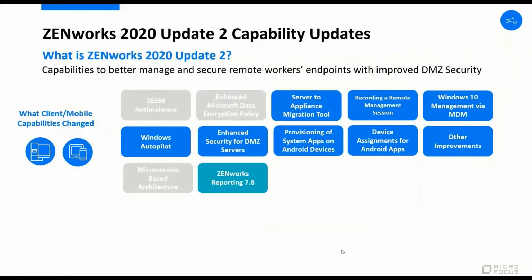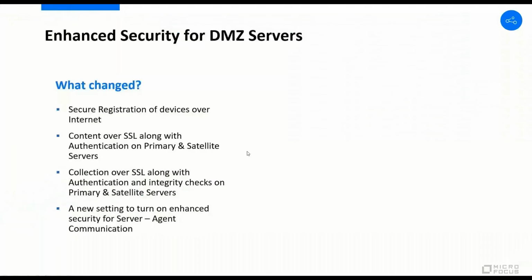So let's talk about this feature, which is enhanced security for the DMC servers. What has changed is that in this release, we are bringing in a newer way for you to securely register your devices over the internet. We've also made sure the content download happens over SSL, for both primary and satellite servers.